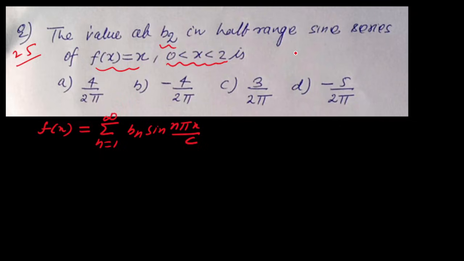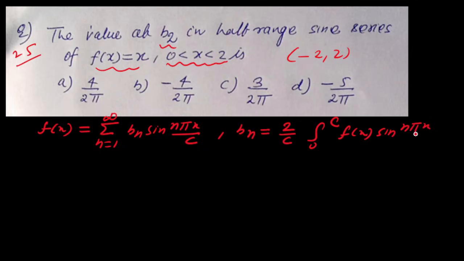So this is the half range, so you have to extend the interval from -2 to 2, right? And when you do that, you get the bn value. How do you evaluate the bn? You get the value 2 by c integral 0 to c f of x and then sine n pi x by c dx. This is all about sine series. In case you have doubt, watch the detailed video.